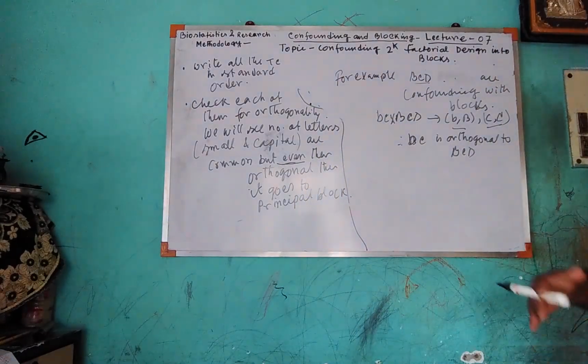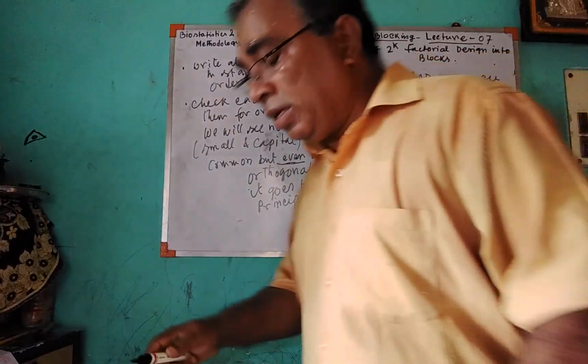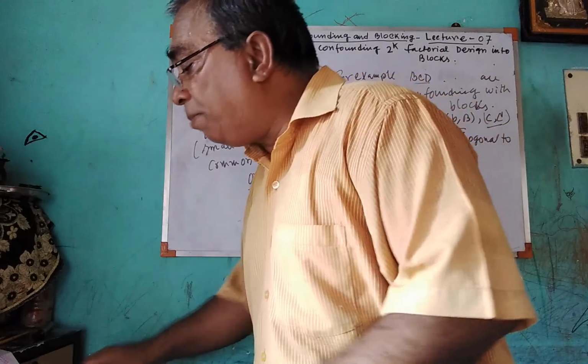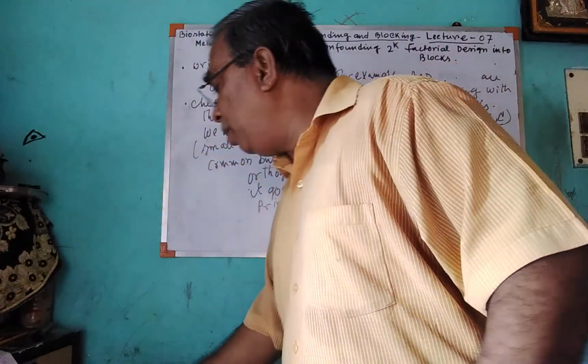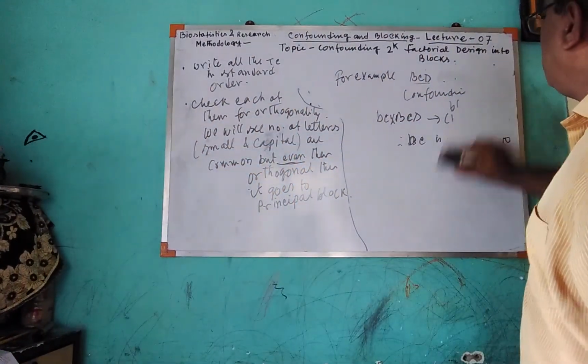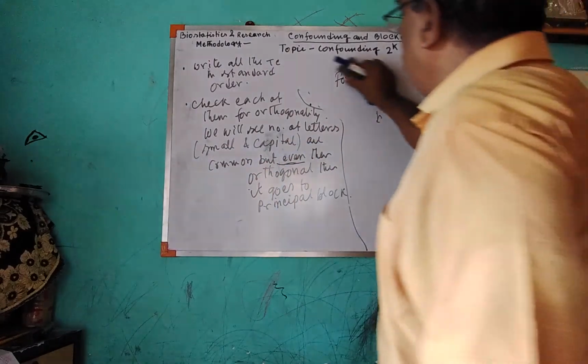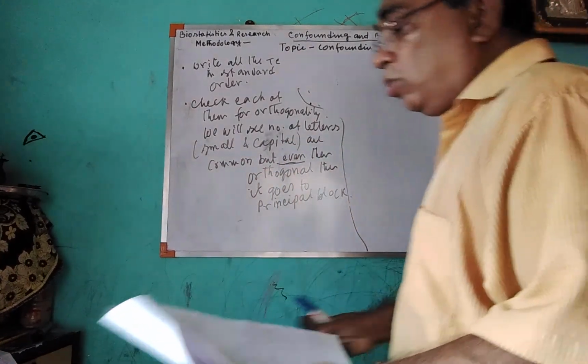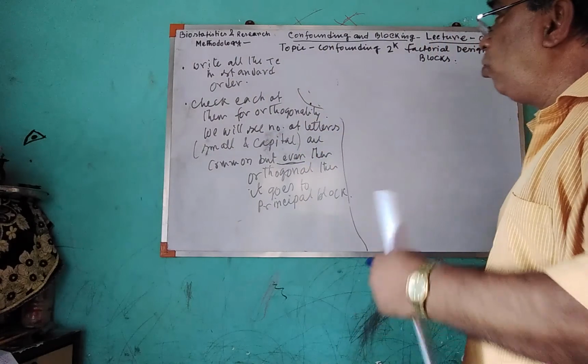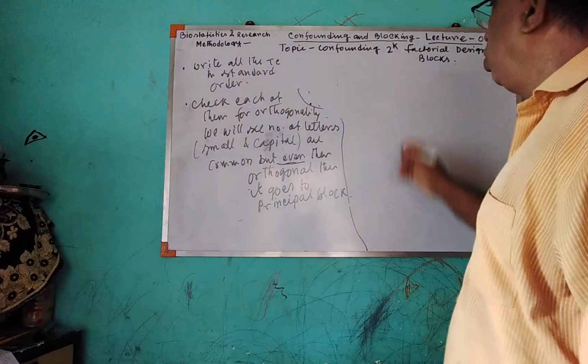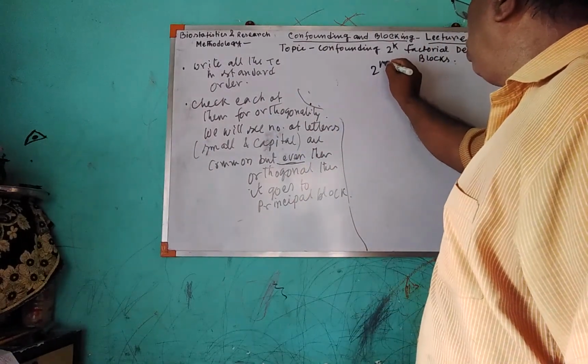Now how does it happen? Let us take an example. You just follow me clearly, then it will be more clear to you. Suppose in a 2 to the power 4 factorial design, the k value is 4.